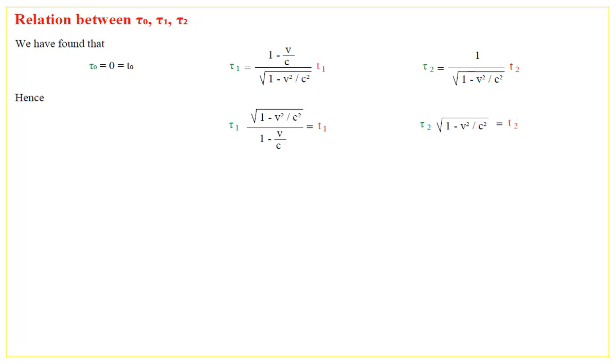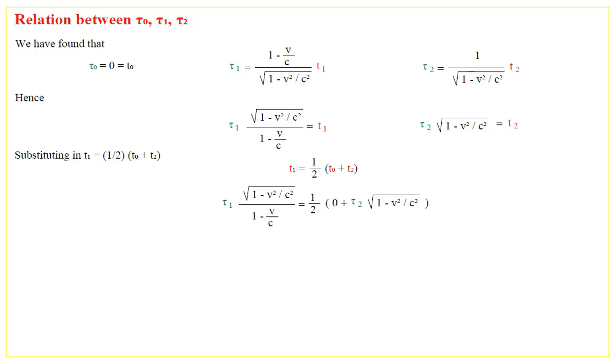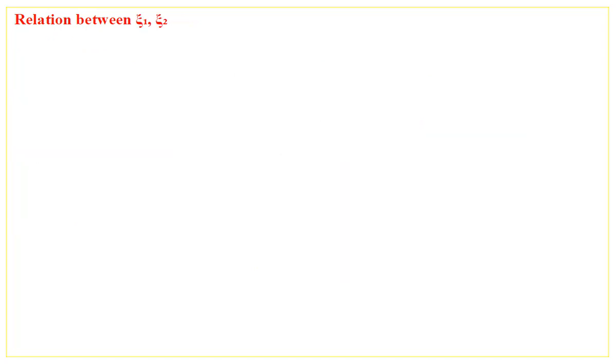Relation between tau 0, tau 1, tau 2. We have found that. Hence, substituting in t1 equals 1 over 2 times t0 plus t2. Isolating tau 2. Relation between psi 1, psi 2. We have found that.